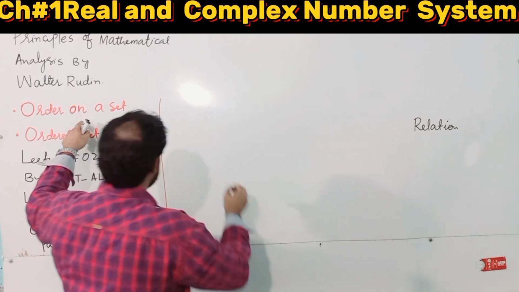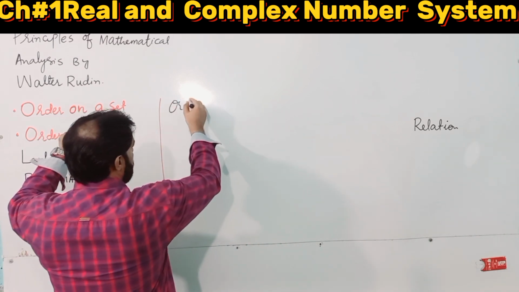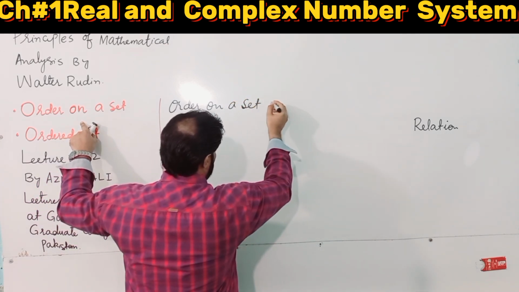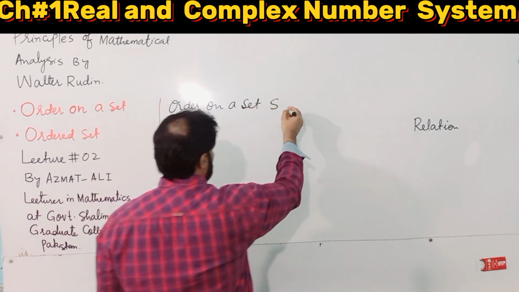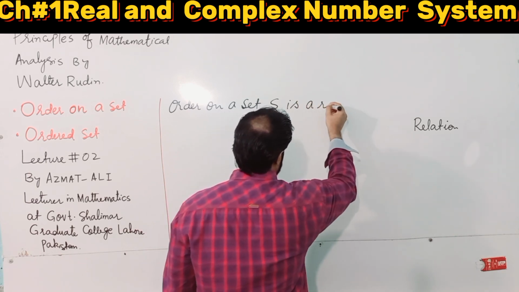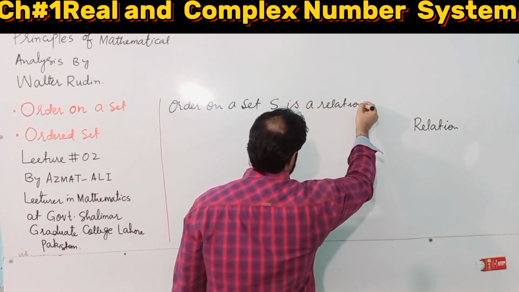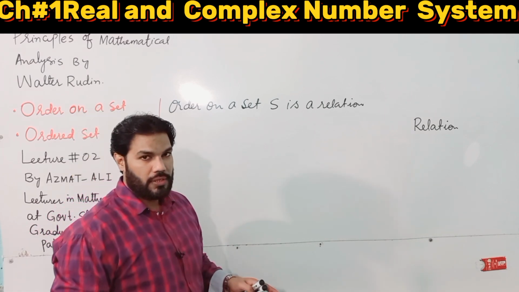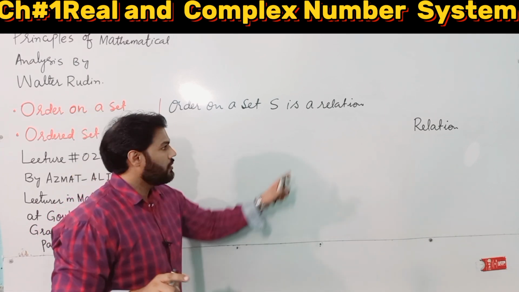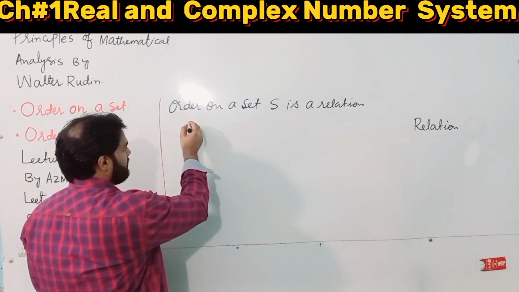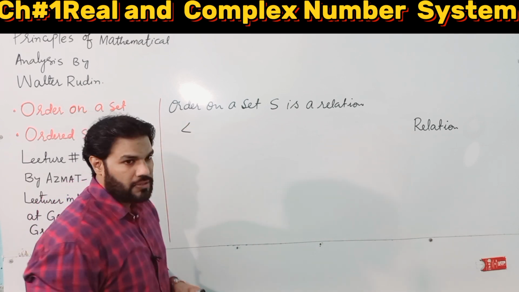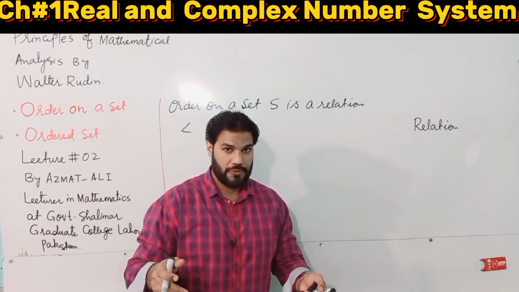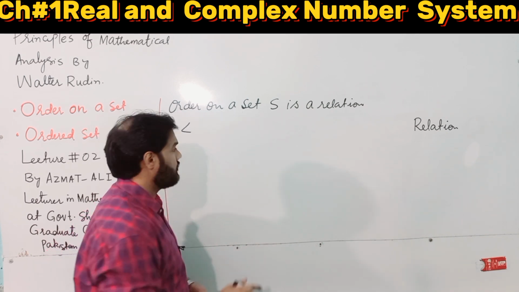So the order on a non-empty set S is a relation, and here in this book the author uses the symbol less than for the relation. This less than sign represents an order relation if it satisfies the following two axioms.